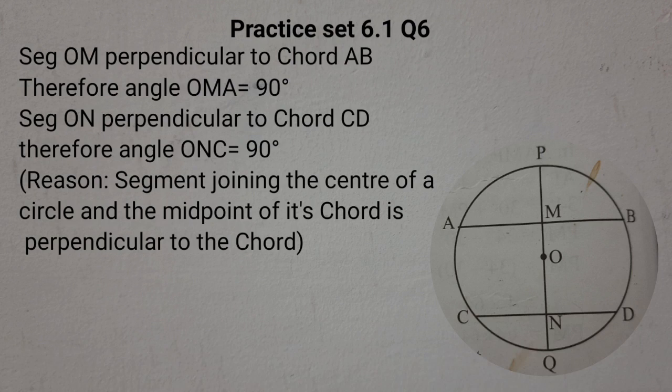Therefore, we are saying that chord AB is perpendicular to OM. The same thing follows for chord CD. Here, in this case, the center is O and the midpoint of the chord is N. O and N join together to form a segment which is perpendicular to chord CD.